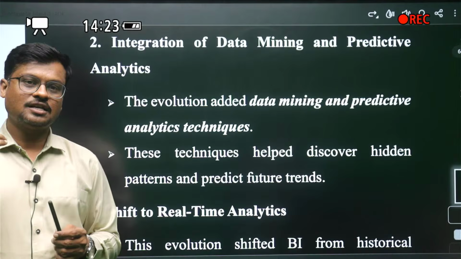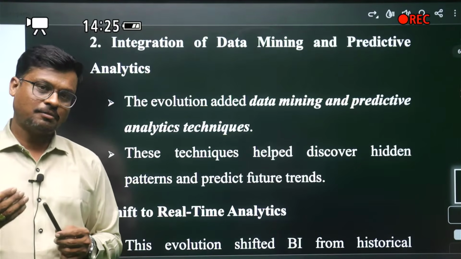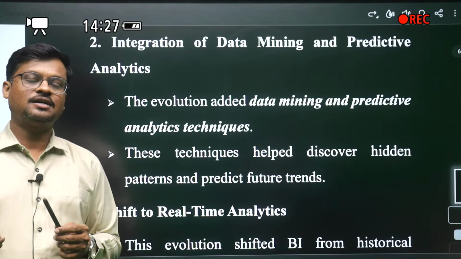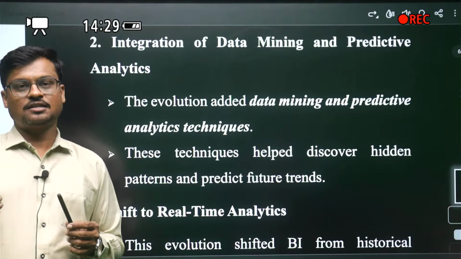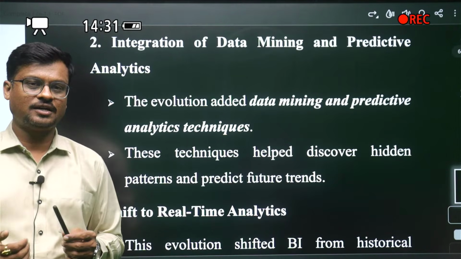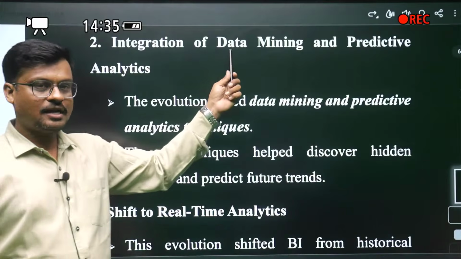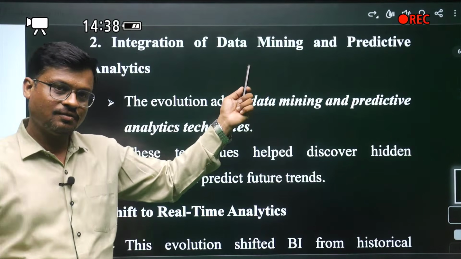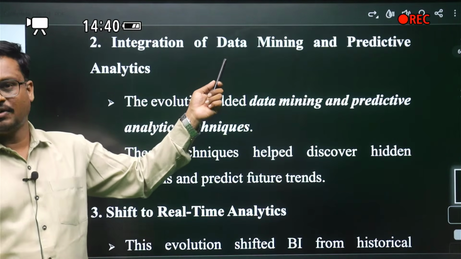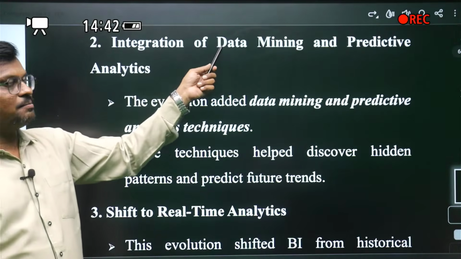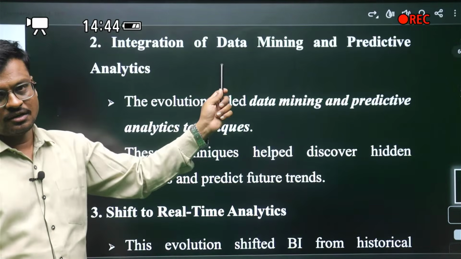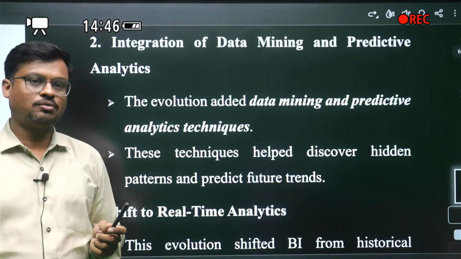We should call it information mining, because you are mining a huge amount of data for information. You are extracting the information from the huge amount of data, so obviously it should be called information mining rather than data mining. But we got habituated to this word and it went on like that. So, dear, data mining is a concept of digging out information from a huge amount of data.